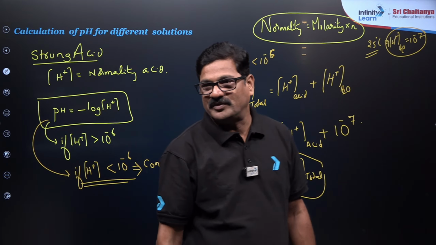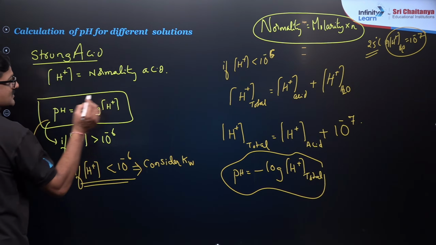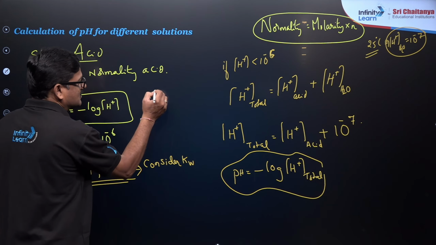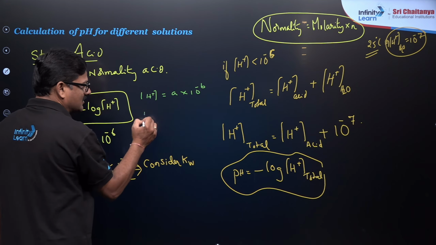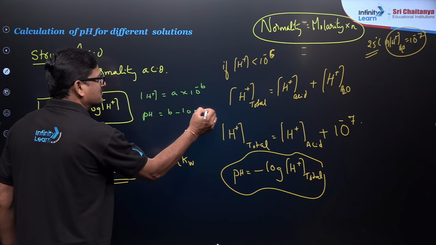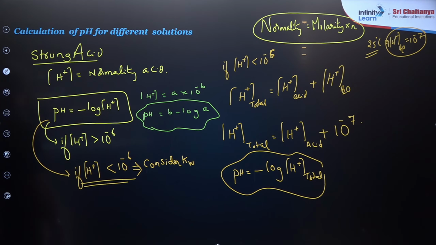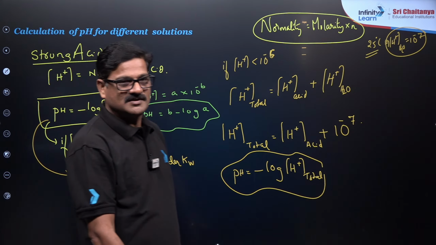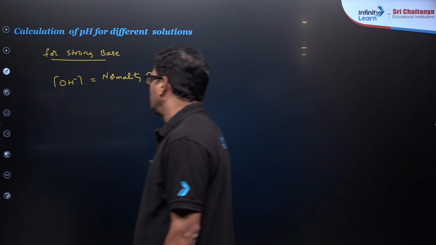When you calculate the pH, always take the H plus concentration as A into 10 power minus B, and the pH will be equal to B minus log A. It is a super awesome trick. Understood? Now let us move ahead with strong base.